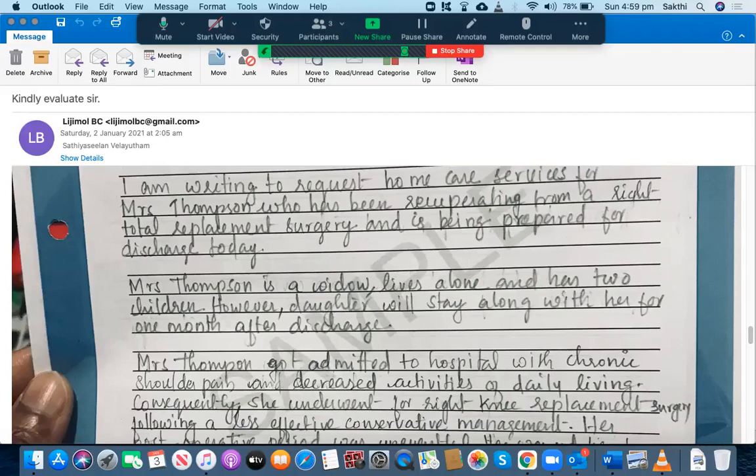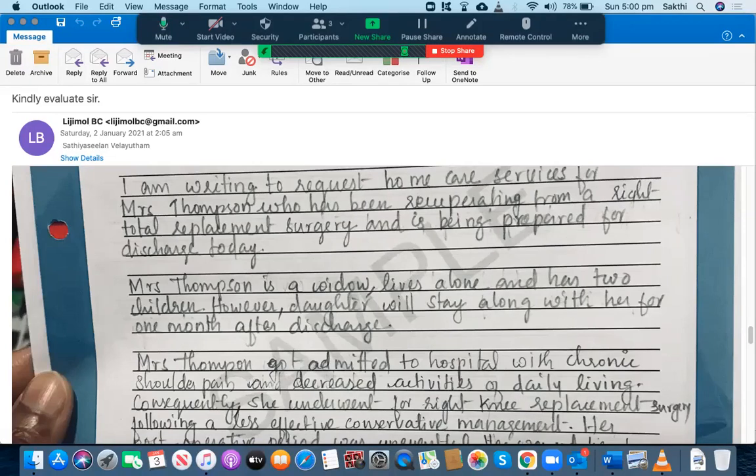For example, you can use Socially, and then Mrs. Thompson is a widow, and instead of the comma, which is incorrect, you have to remove this comma and place who lives alone. Who lives alone and has two children. So remove the comma and then use who in between, and you have to use socially in the beginning.